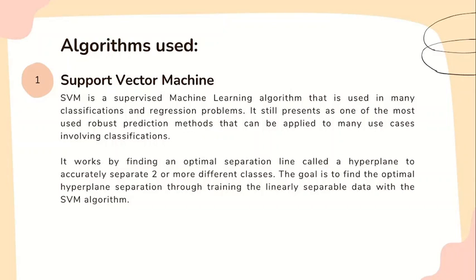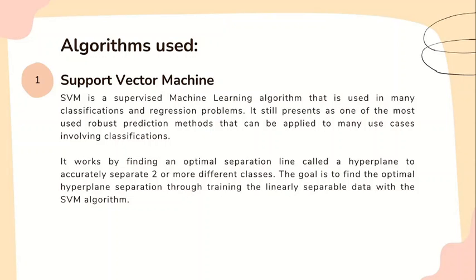It still presents as one of the most used robust prediction methods that can be applied to many use cases involving classification. It works by finding an optimal separation line called a hyperplane to accurately separate two or more different classes. The goal is to find the optimal hyperplane separation through training the linearly separable data with the SVM algorithm.